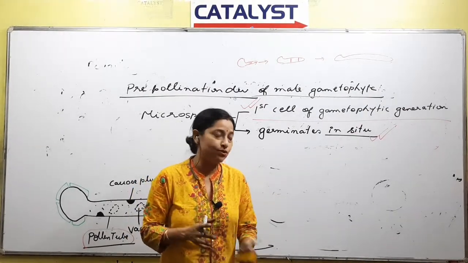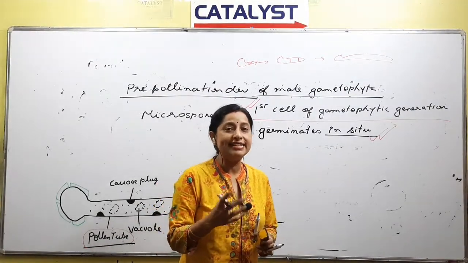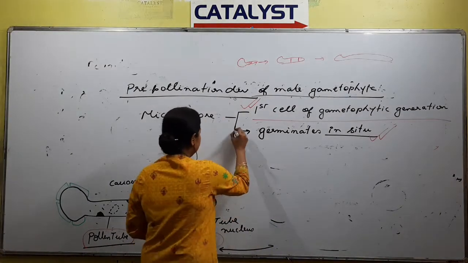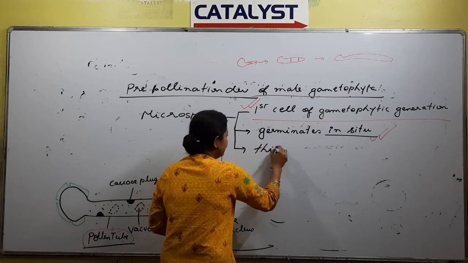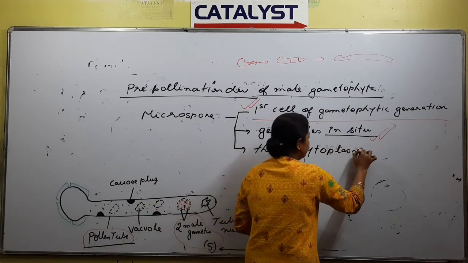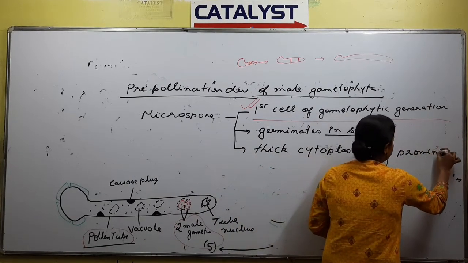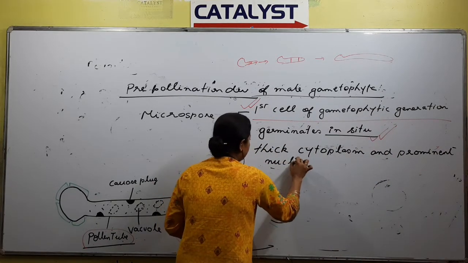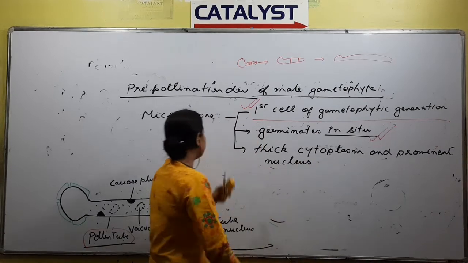But in situ means the microspores start germinating while still inside the microsporangium. Next, it has thick cytoplasm and a prominent nucleus, right? So these are some points about the microspore.